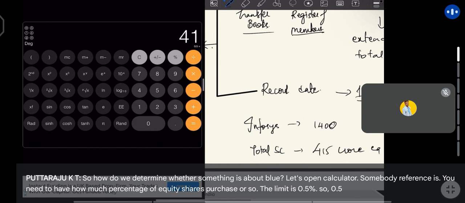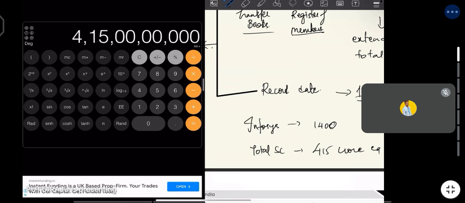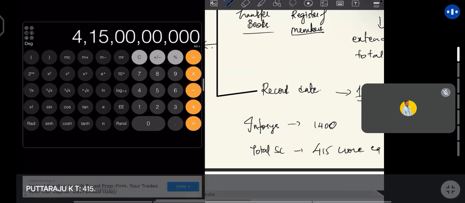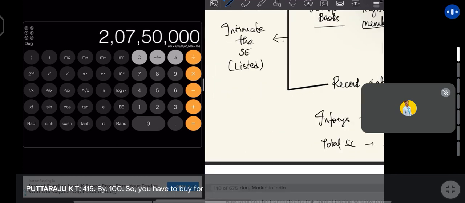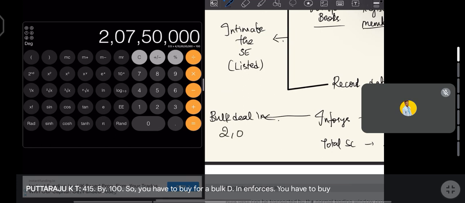So 0.5 into 415 crores divided by 100. So you have to buy for a bulk deal in Infosys, you have to buy 2 crore 7 lakh 50,000 shares.